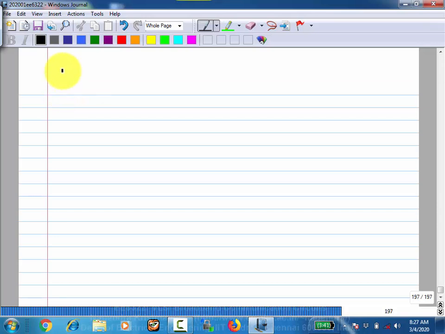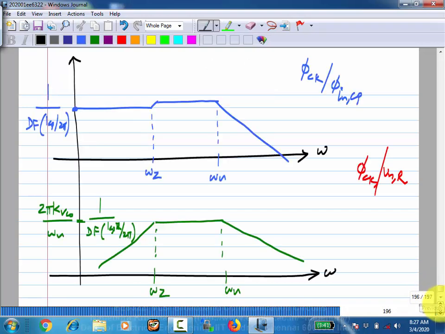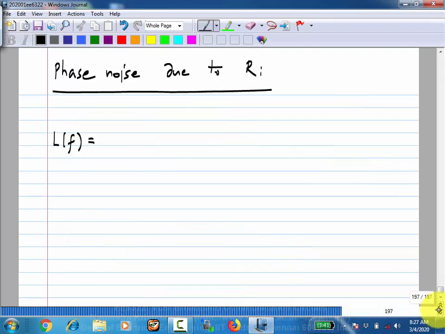Okay. So for instance, what will be the phase noise due to R, due to the loop filter resistor alone? How much will that be? So this is the transfer function, right? So the magnitude squared of that appears.